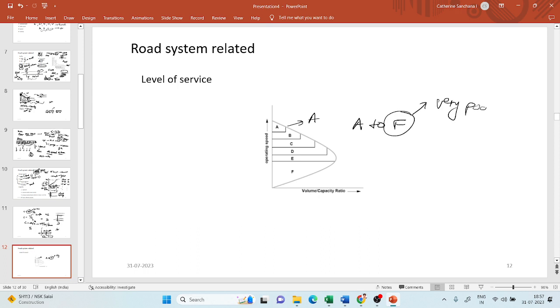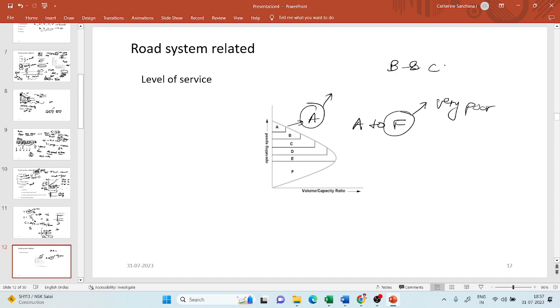Okay, so it is very difficult to provide a level of service of A because you might have to invest a lot to give a very comfortable highway. So mostly we give level of service as B or C. So we design the pavement, we design the roadway sections such that the level of service offered by that roadway is either B or C.